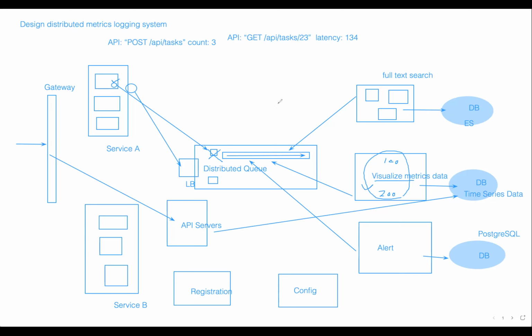If we want to trace a single request, usually it's called distributed tracing. That pretty much needs your whole logging, right? Right now the metrics data only has counts, latencies, those kinds of data. We don't have that kind of data.